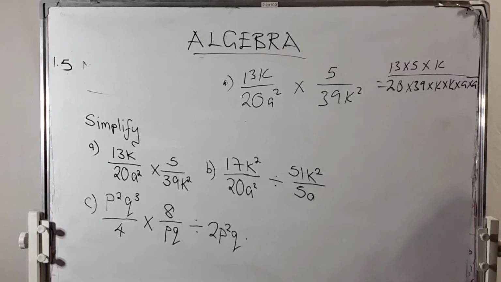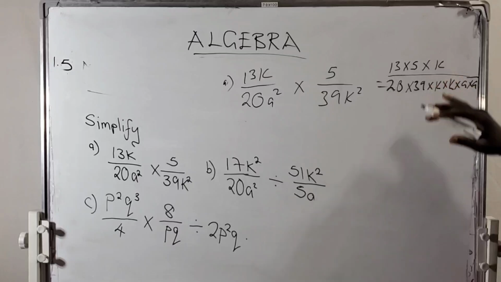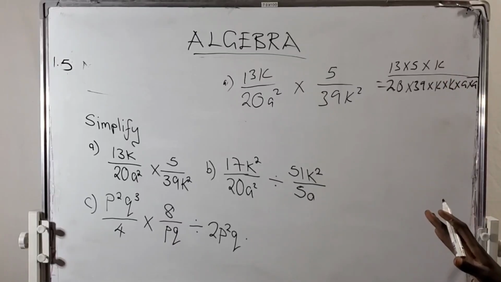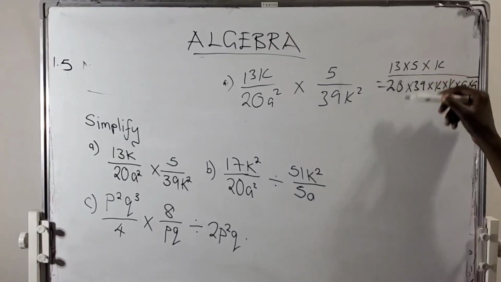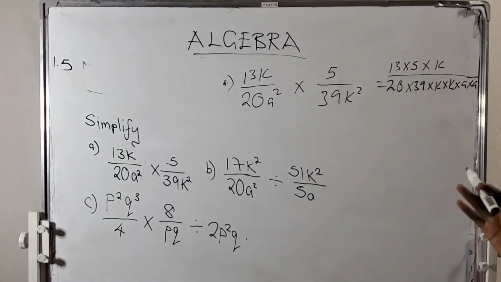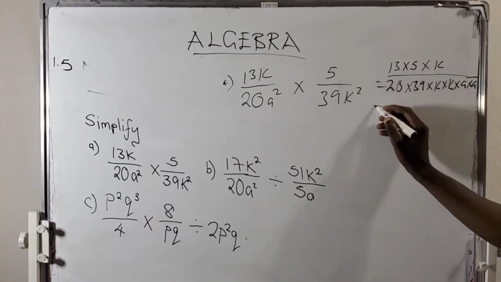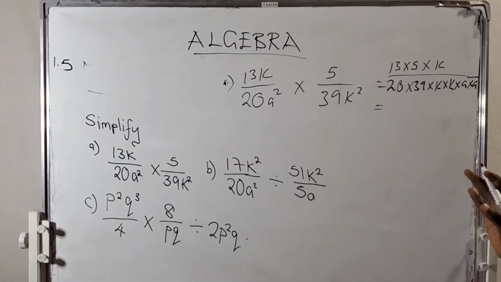Now, after reaching this point, remember this is mathematics paper 2, so you can use the calculator and it can give you the final answer for just numbers. But I don't want to teach you that. I want to make you understand how it's done without even a calculator.